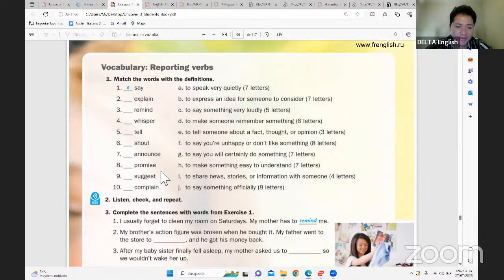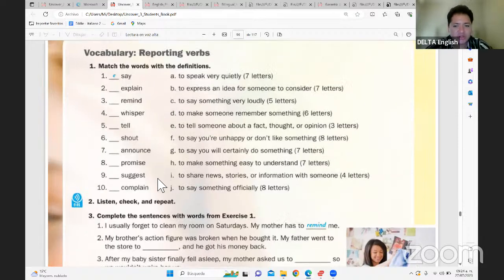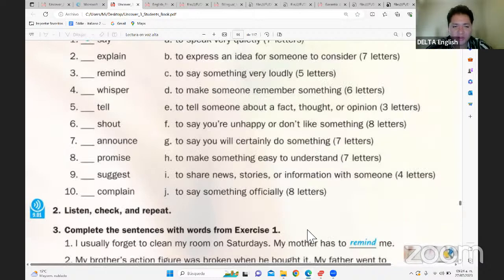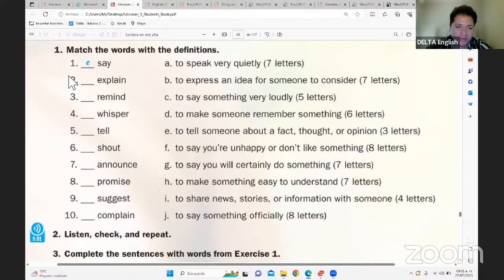They are related to communication, but I would like you to help me complete it. So say, what is say? It is the letter E, to tell someone about a fact, thought, or opinion. What do you think is the meaning of explain?